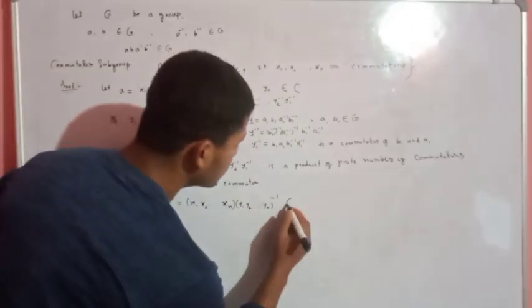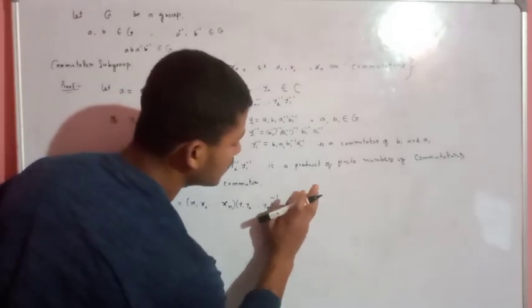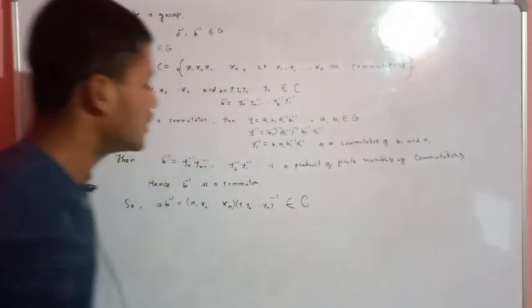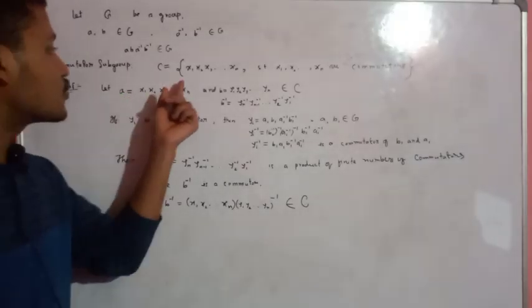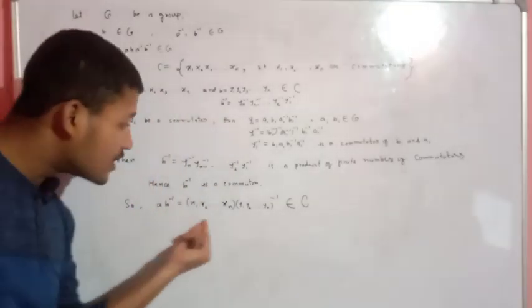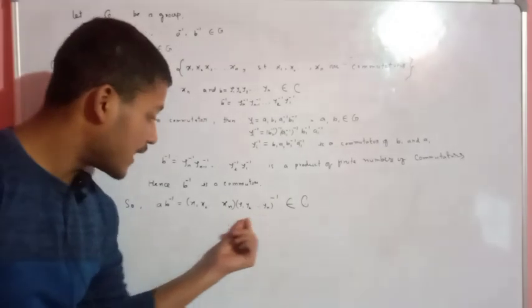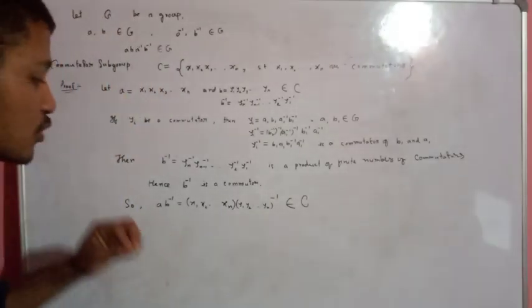This belongs to C. So if A belongs to C and B belongs to C, then AB inverse belongs to C. Hence we have proved it.